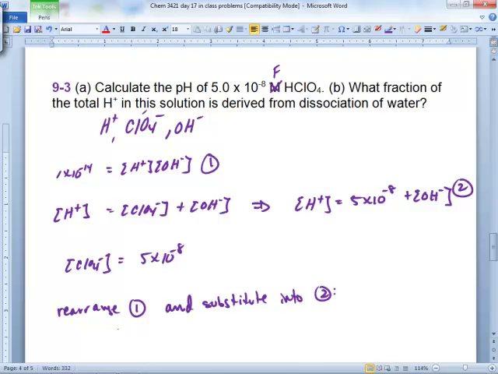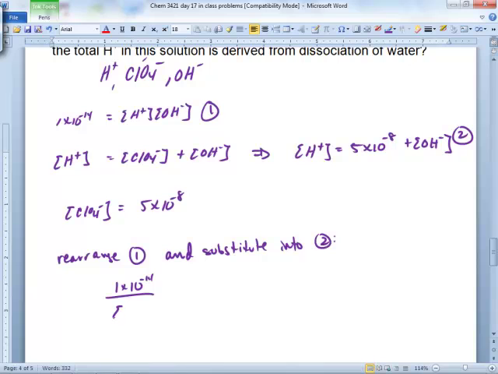All right, so rearrange 1, we'll get 1 times 10 to the negative 14 all over the hydrogen ion is hydroxide.